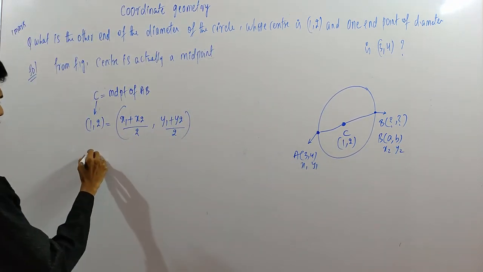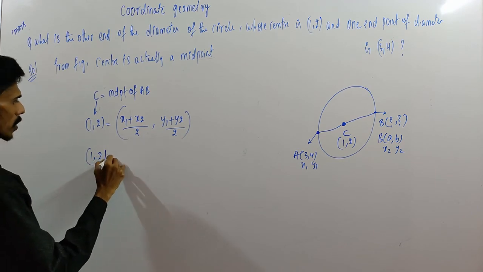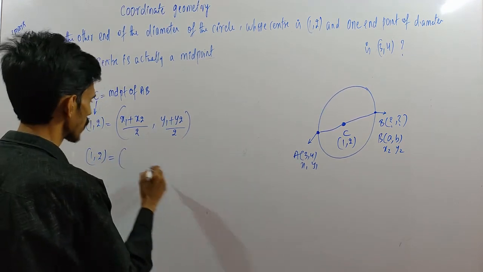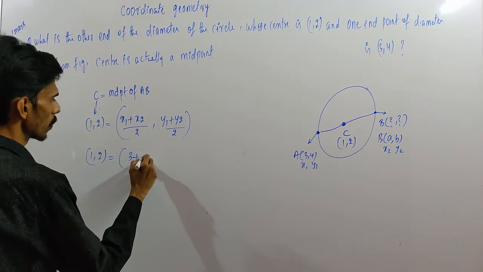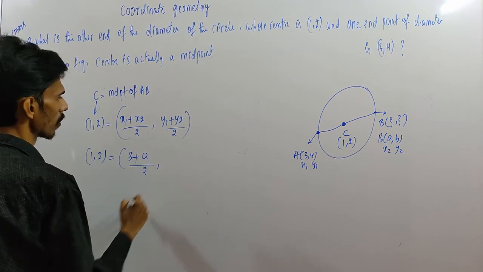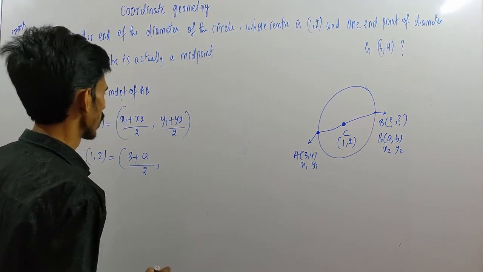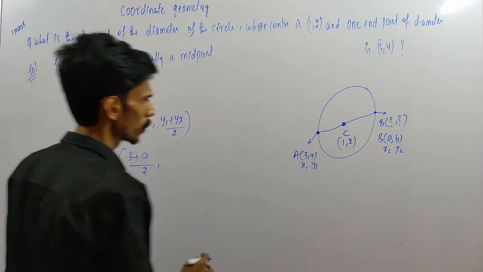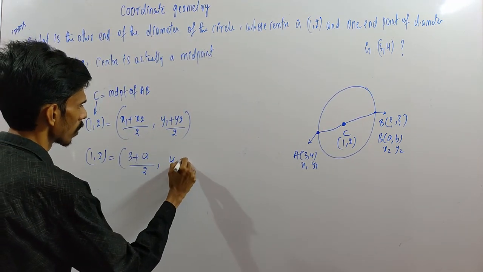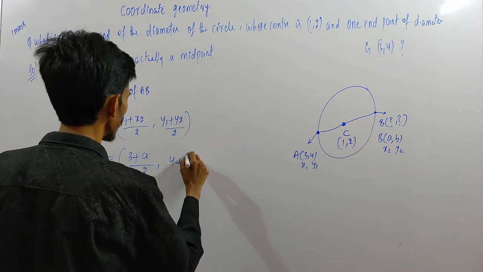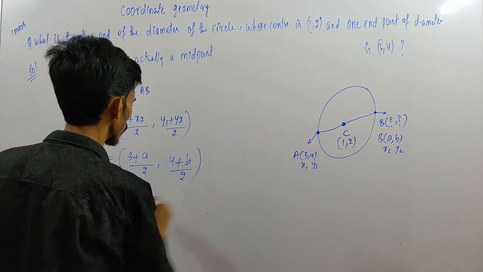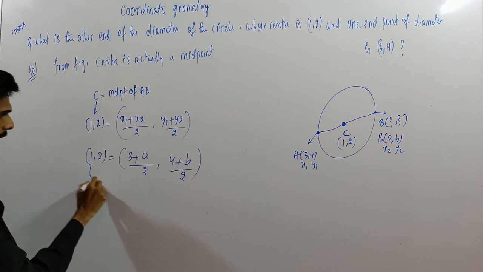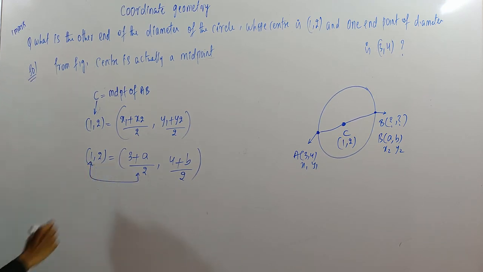So we have 1, 2 is equals to x1 value is 3 plus x2 value is a, so 3 plus a by 2, y1 is 4 plus y2 value is b by 2. Now we can equate corresponding elements.